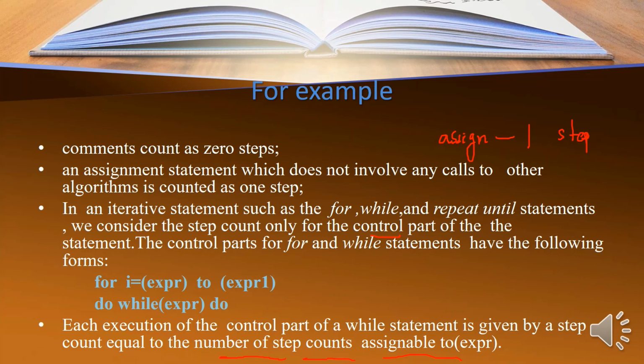So for each execution of the control part of a while or for statement, it is given by a step count equal to the number of step counts assignable to the expression.